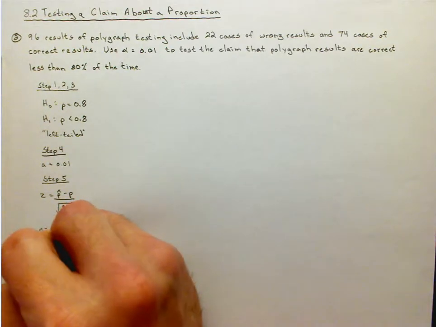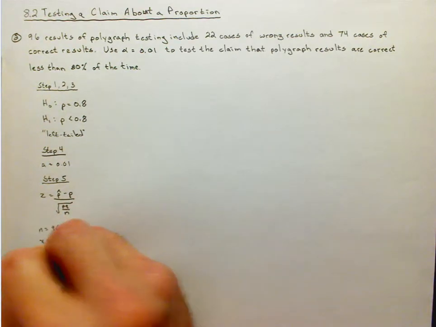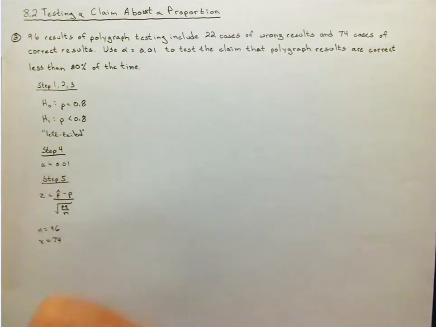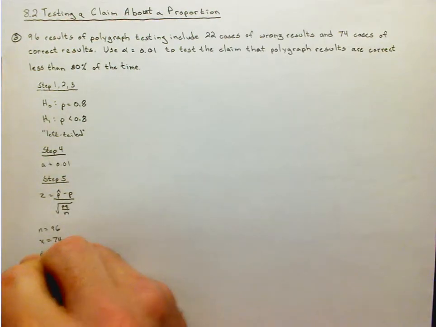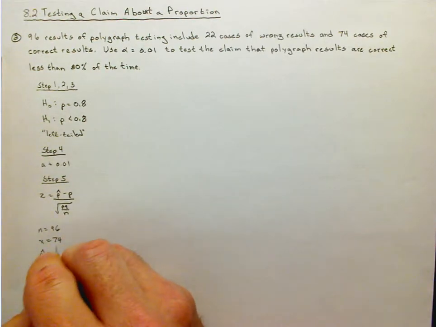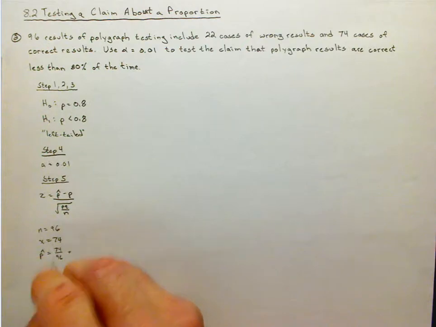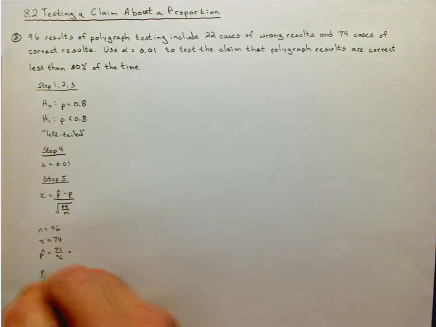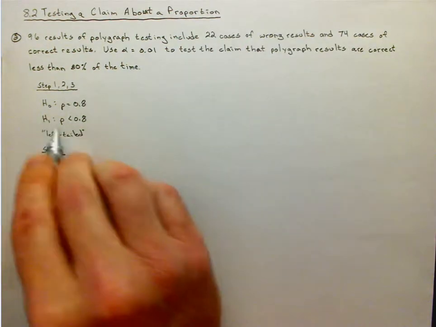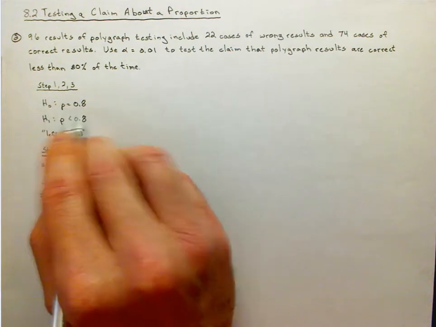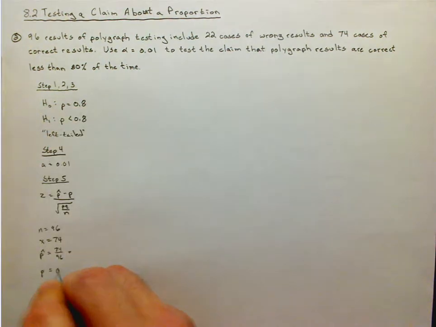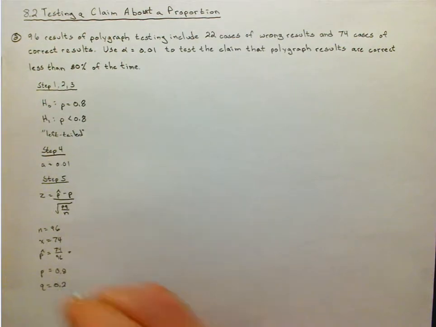I know that n equals 96, x equals 74. My p hat will be x divided by n, or 74 divided by 96. And my p-value comes from what I have up here in my hypothesis test, so p equals 0.8. So if p is 0.8, q equals 0.2.